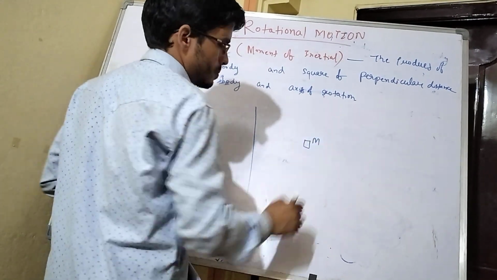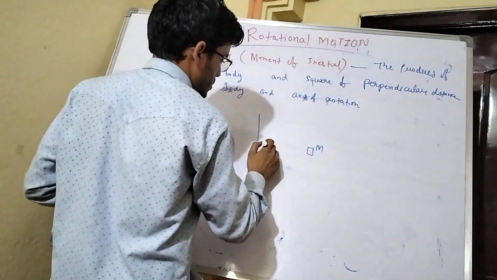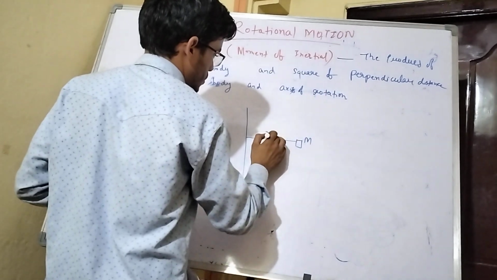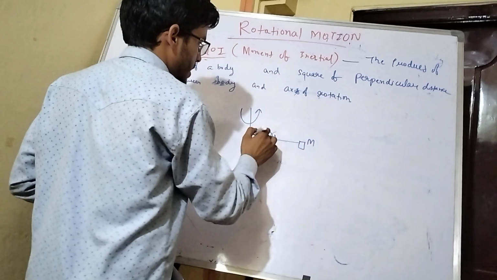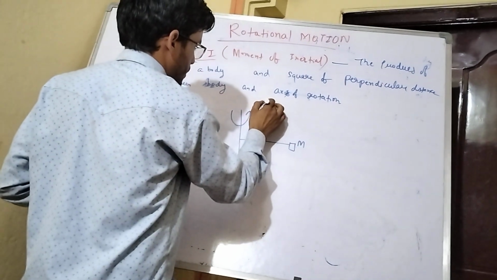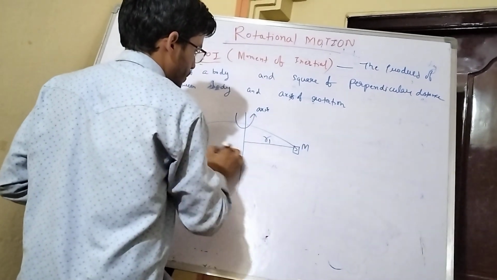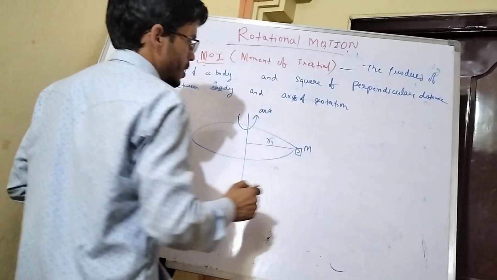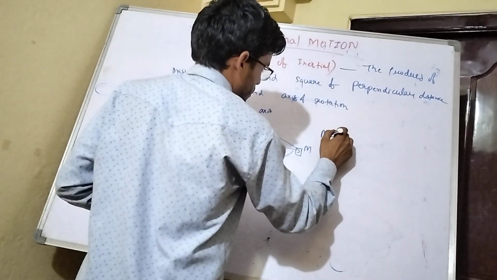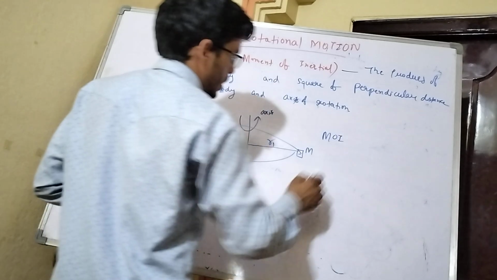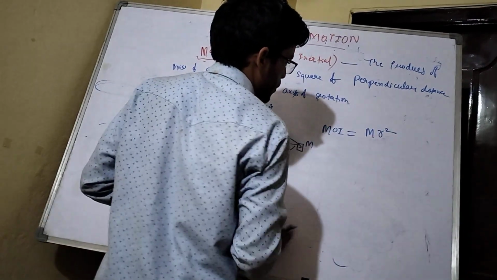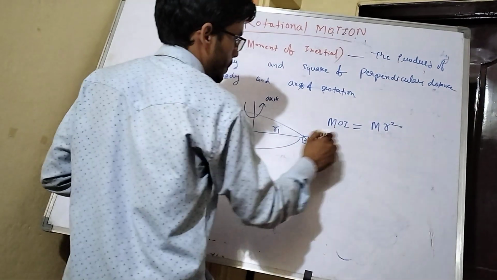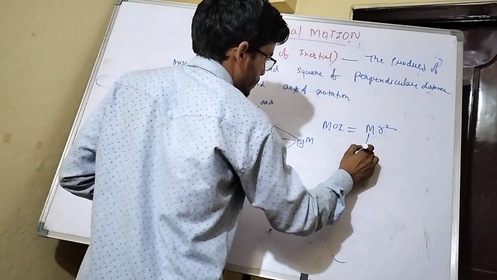Suppose the mass of this particle is m and this distance is r1, right? So this is the axis of rotation. About this axis your particle is moving continuously. So what is the moment of inertia of this particle? Moment of inertia, I, equals m into r square. What is m? Mass of this given particle.